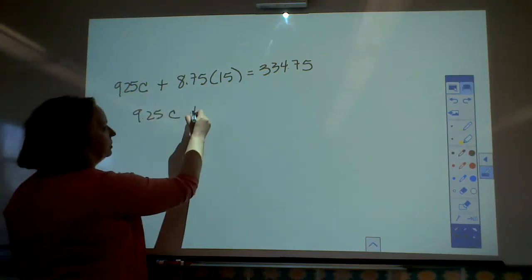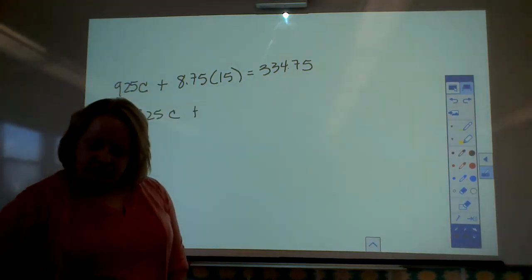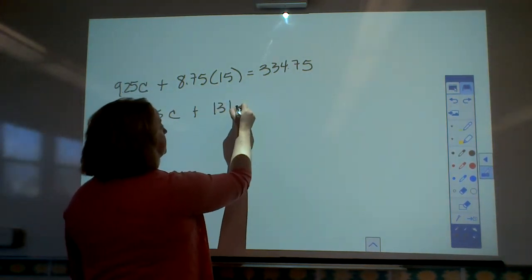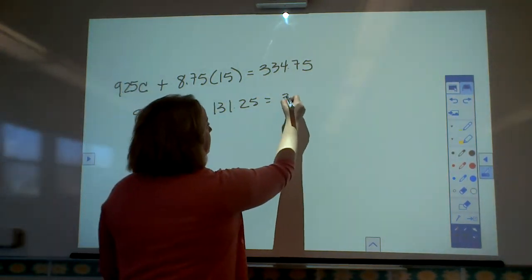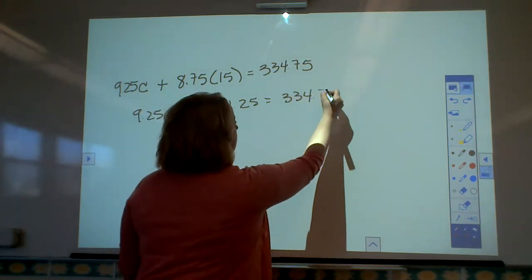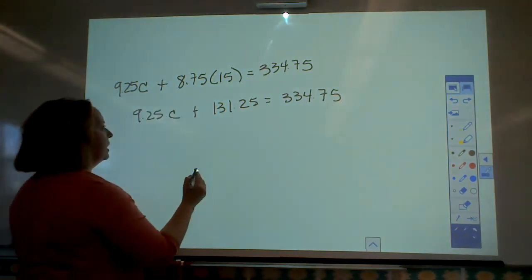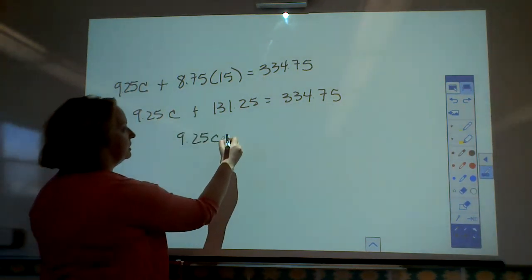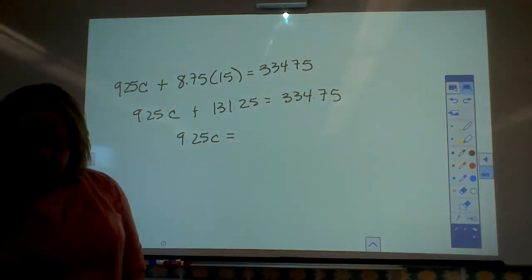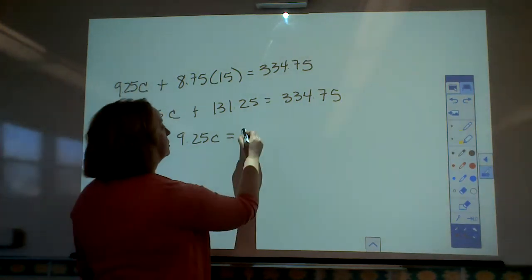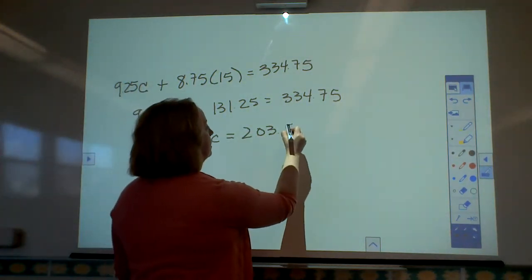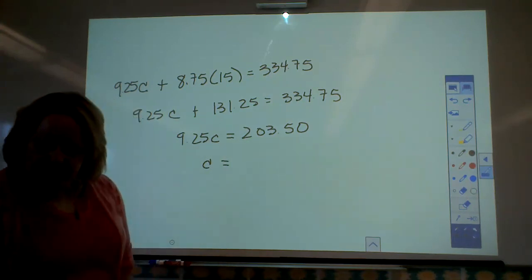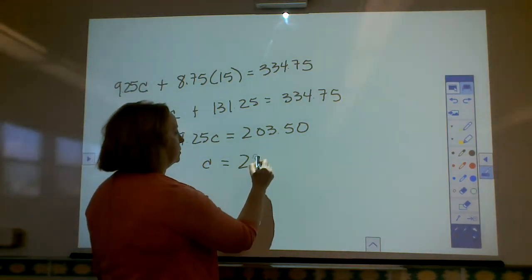We're going to use our calculators, and we come up with $131.25, plus 9.25C, equals $334.75. We subtract, and 9.25C will be equal to $203.50. And when we divide, it comes up to be 22.